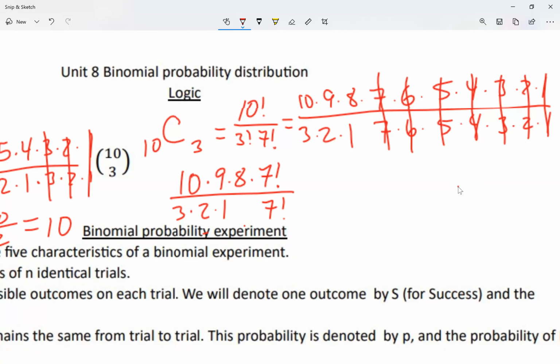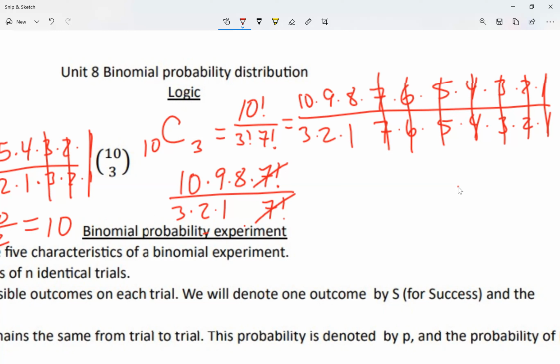Okay, notice how on the top I stop at 7 factorial, right? I know it's a factorial, so it goes all the way down to 1, but I could have just canceled 7 factorial all at once instead of canceling 7, 6, 5, 4, 3, 2, 1. If you notice, I have the same work. So you could have stopped a little bit earlier.